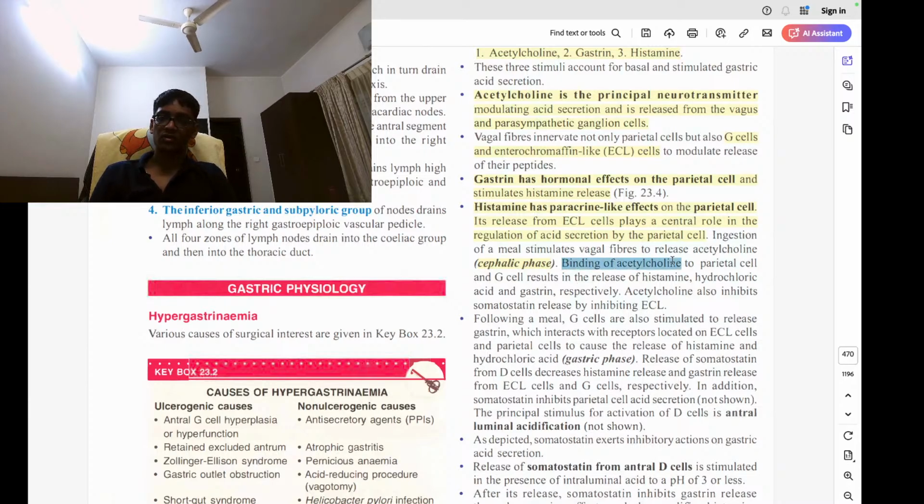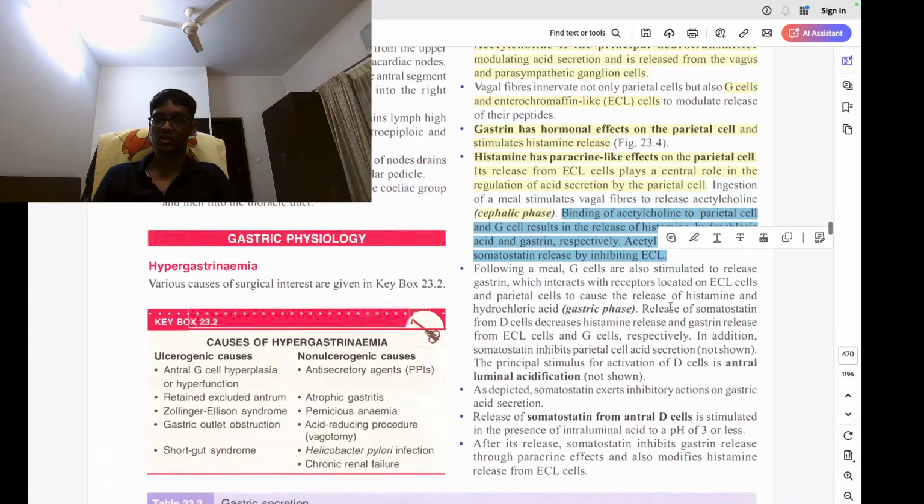Acetylcholine also inhibits somatostatin by inhibiting enterochromaffin-like cells.